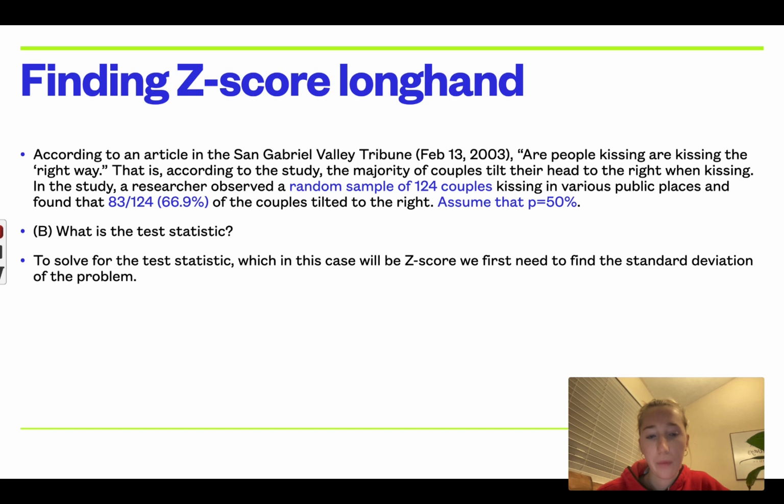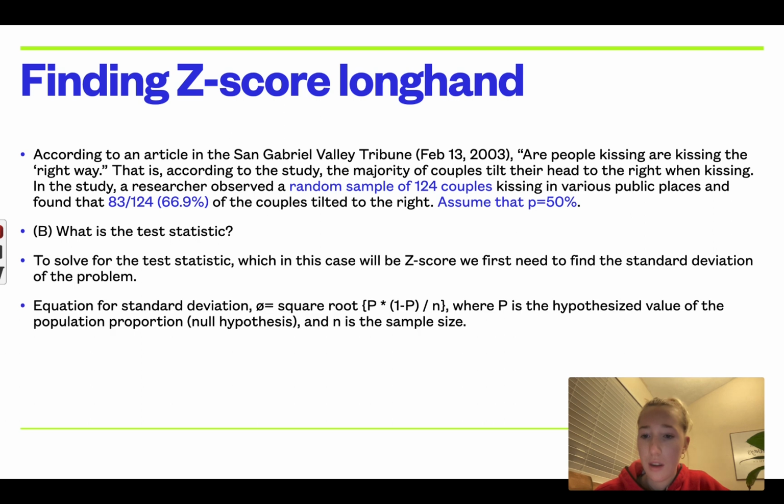So, first, as you saw, the standard deviation was included in that formula, but we don't have that yet. So we're going to have to solve for that as well. And the equation in this case for standard deviation is going to be the square root of the hypothesized value of the population proportion, or the null hypothesis, times Q, which is 1 minus that same hypothesized value, over your sample size.